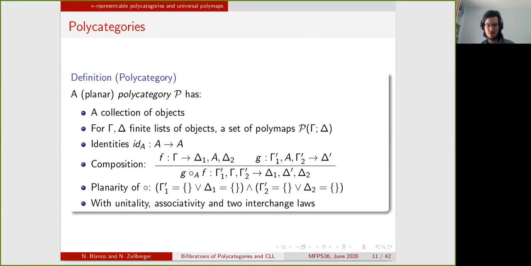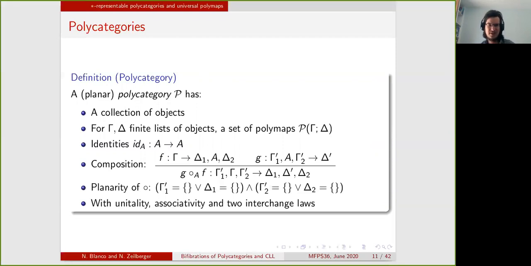And so we thought it was better to do the more general case. And this is in line with the work by Cockett and Seely, where they consider linearly distributive categories to be not necessarily symmetric. And so in particular, the notion of star-autonomous category that we'll have is also non-symmetric, so it's planar star-autonomous category. And in particular, for duals, we'll have both right and left duals.